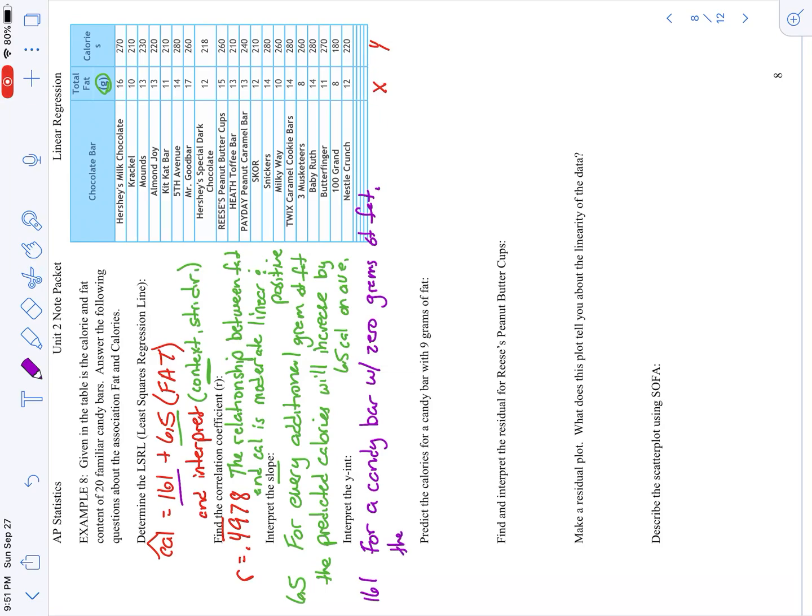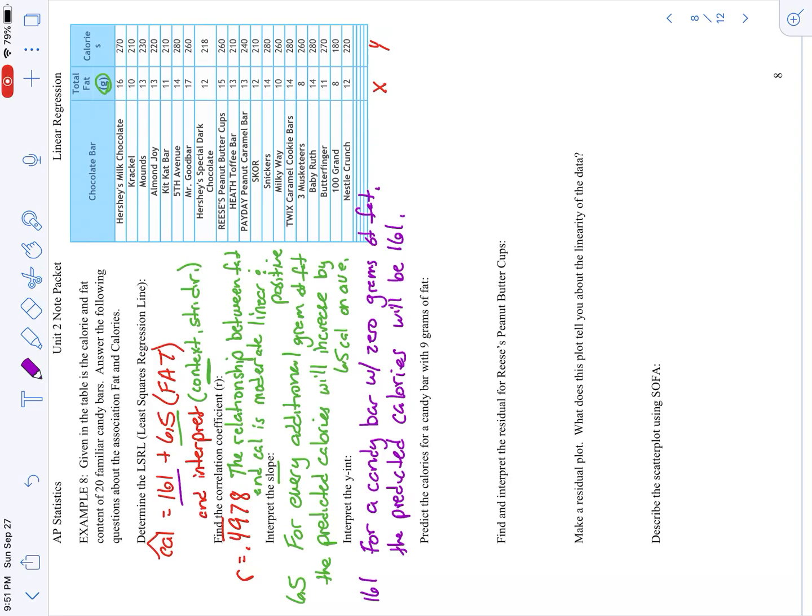B, the predicted calories will be 161. Okay. All right. So moving on.